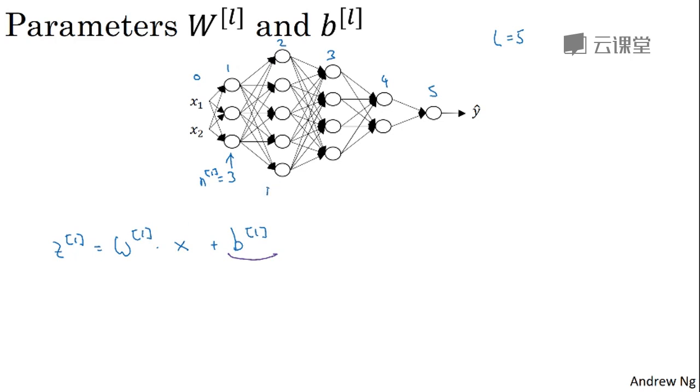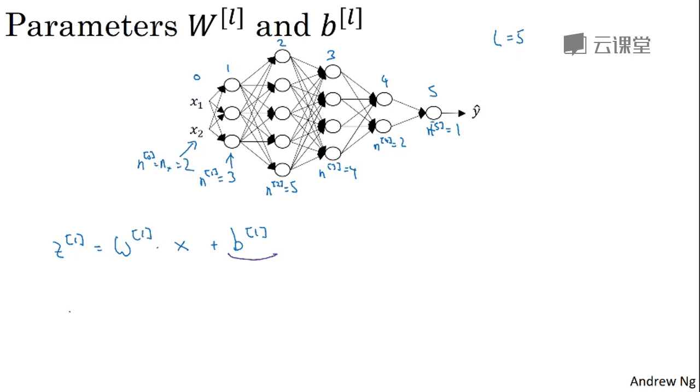Here N2 is equal to 5, N3 is equal to 4, N4 is equal to 2, and N5 is equal to 1. So far we've only seen neural networks with a single output unit, but in later courses we'll talk about neural networks with multiple output units as well. And finally, for the input layer, we also have N0 equals Nx equals 2.